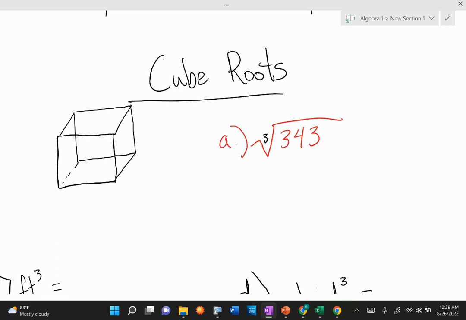From a square root, we're only worried about two sides, which means we're talking about area. Area is a kind of measurement, right? When we're working with the three-dimensional version of that, what are we talking about?